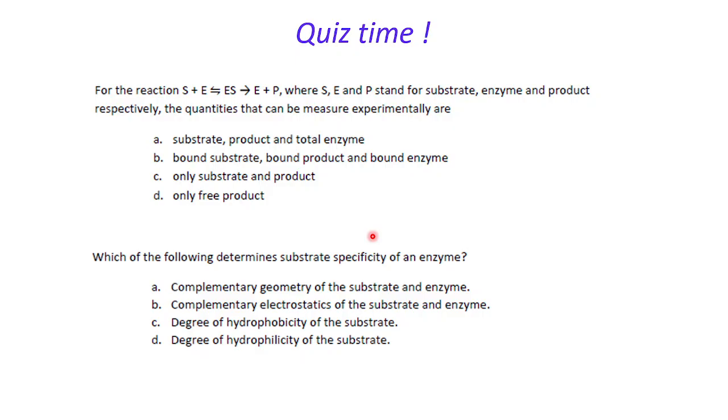Fine. The next one says, which of the following determines substrate specificity of an enzyme? Complementary geometry, complementary electrostatics, degree of hydrophobicity or hydrophilicity. So which should be the ideal for determining the substrate specificity of an enzyme?